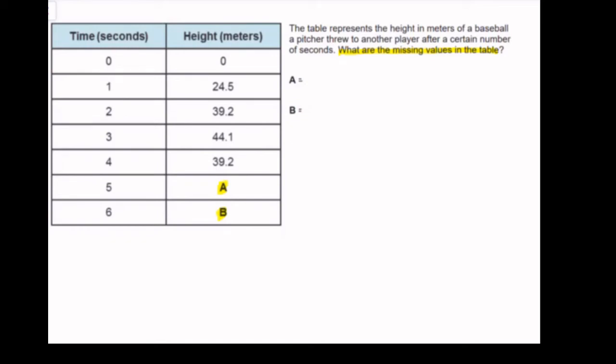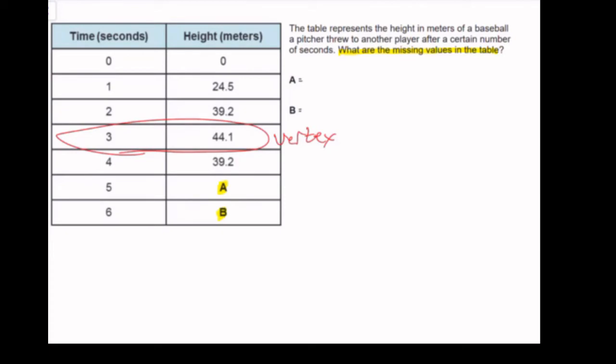So the vertex, the halfway point, is at a time of 3 seconds. And at 3 seconds, the ball is 41.1 meters off the ground. Now, from 41.1 to 39.2 for 2 seconds, that matches with 4 seconds.